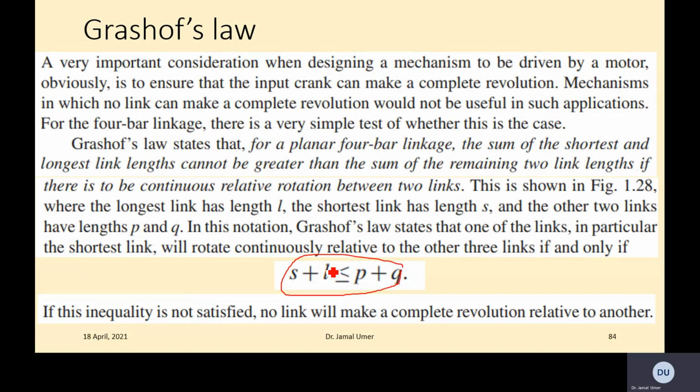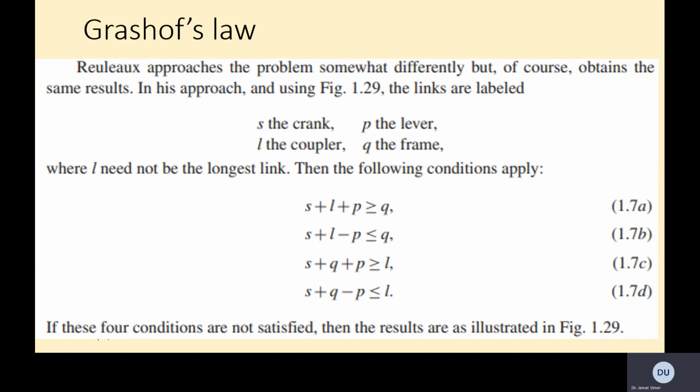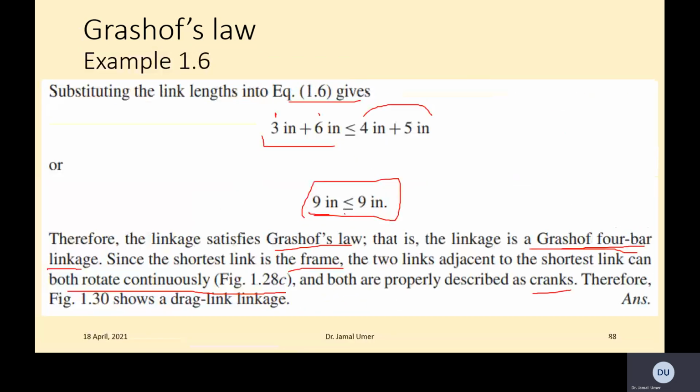If it's satisfied, for sure it will do the work. If it's not satisfied, you are unable to do any useful work with this one. So that's one of the rules we can check.